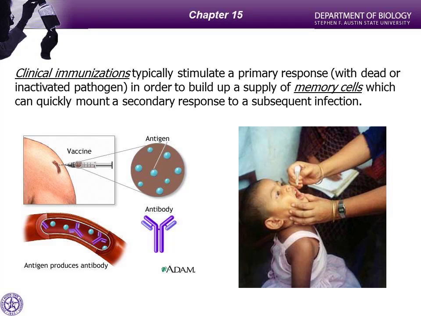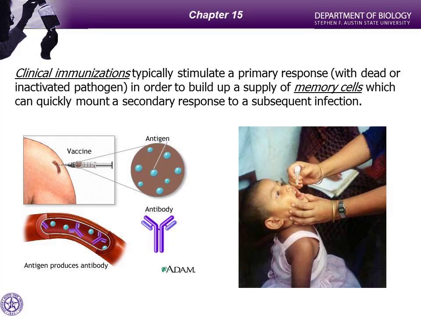And it basically pricks you fairly deep. And they put it on the back of your shoulder. Have you ever seen someone with that round scar right there? That's the scar from the smallpox vaccine. And what you're doing, once again, you're artificially stimulating a primary immune response to build the memory cells so when you encounter that again, you don't get the disease.